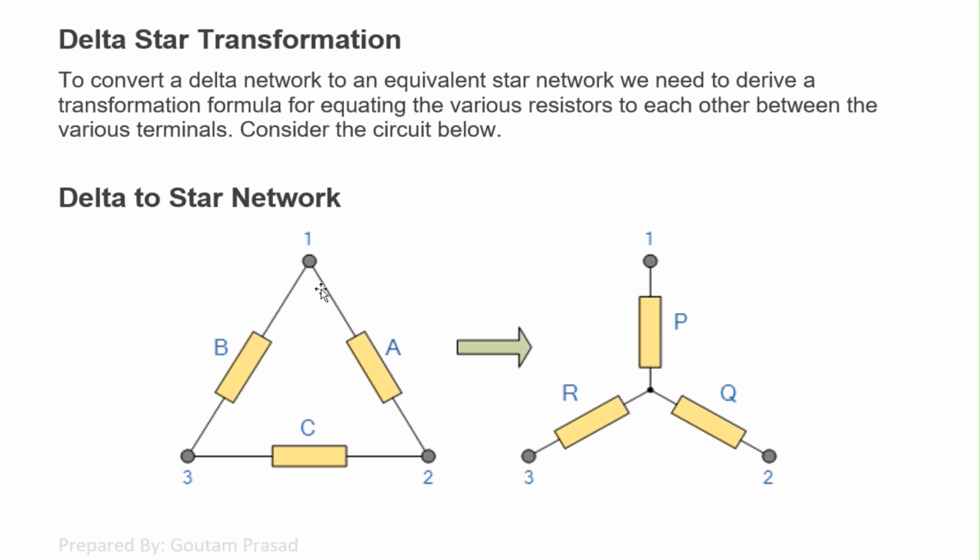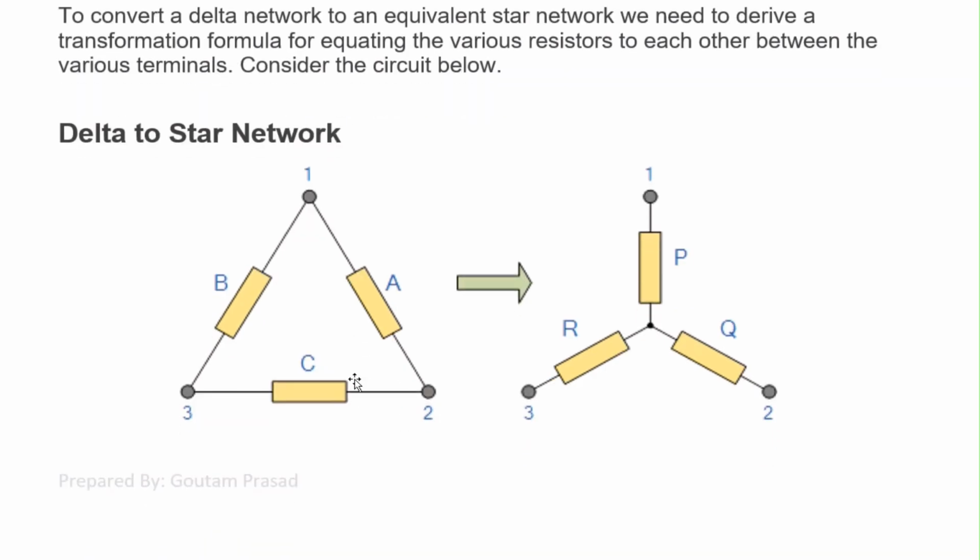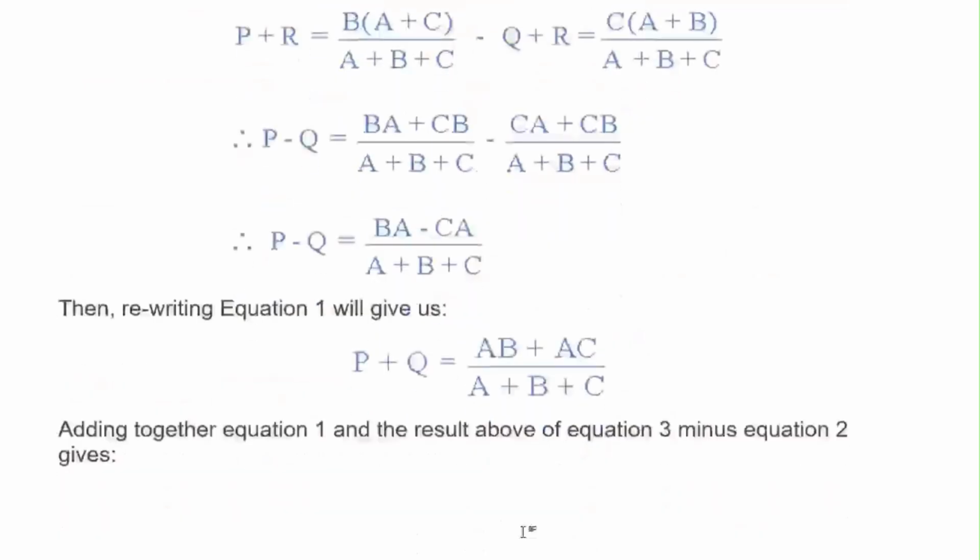If you keep this P between terminal number 1 and the common terminal of the three resistances in star, then it is equal to A into B divided by A plus B plus C. This is the formula. Look at this.